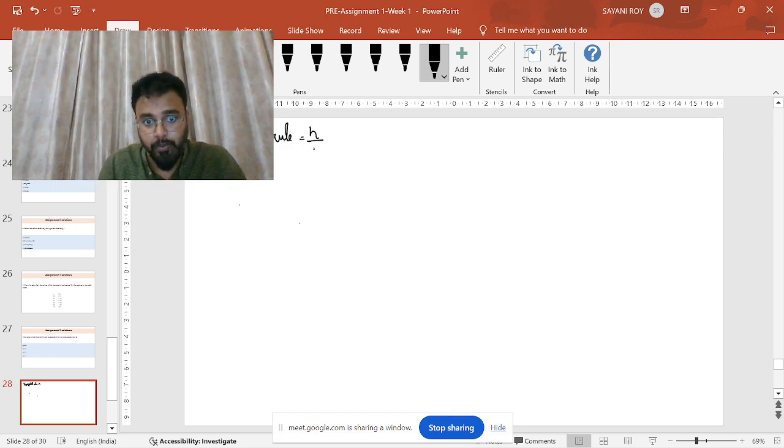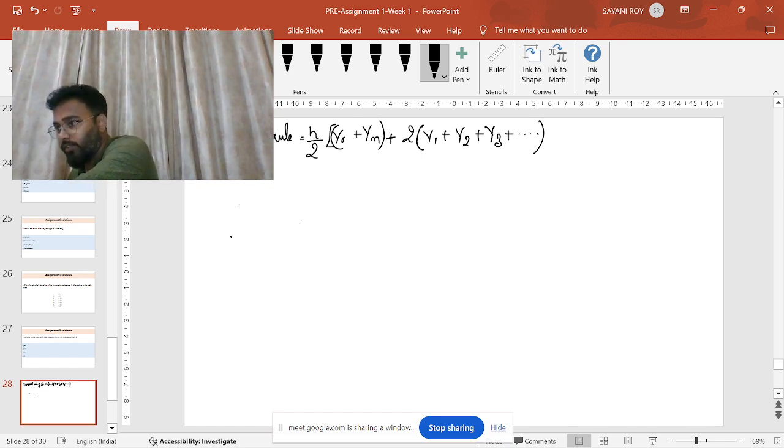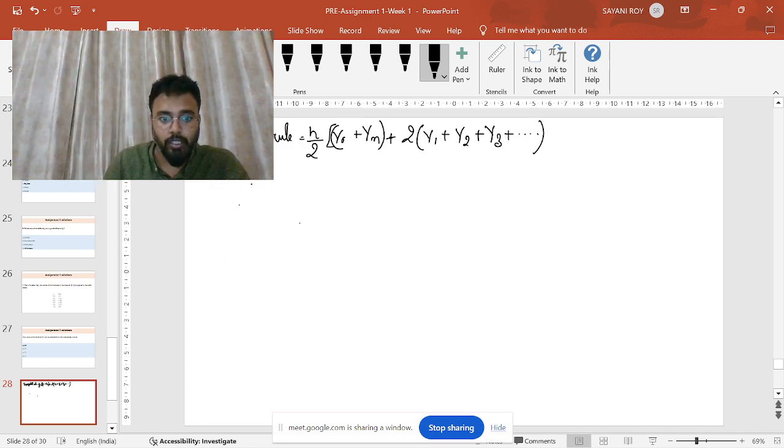That is h equal to ... plus ... 5. The values are already given. So give h equal to 0.